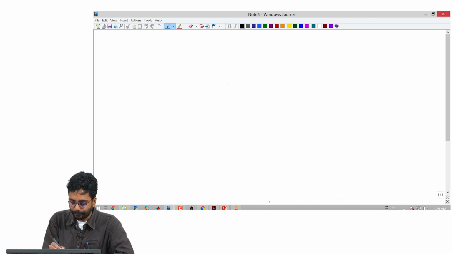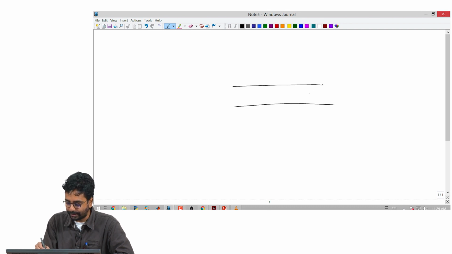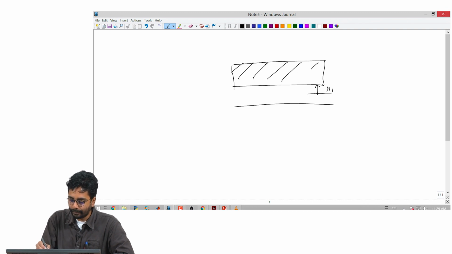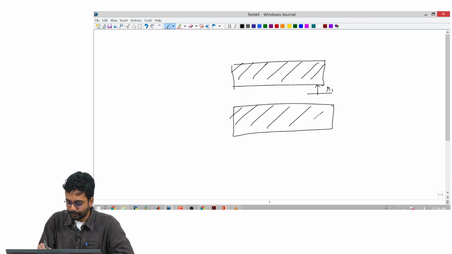So, you start with the radius r1, let us say this is the solid propellant, a cylindrical grain. This is the radius at time t1.